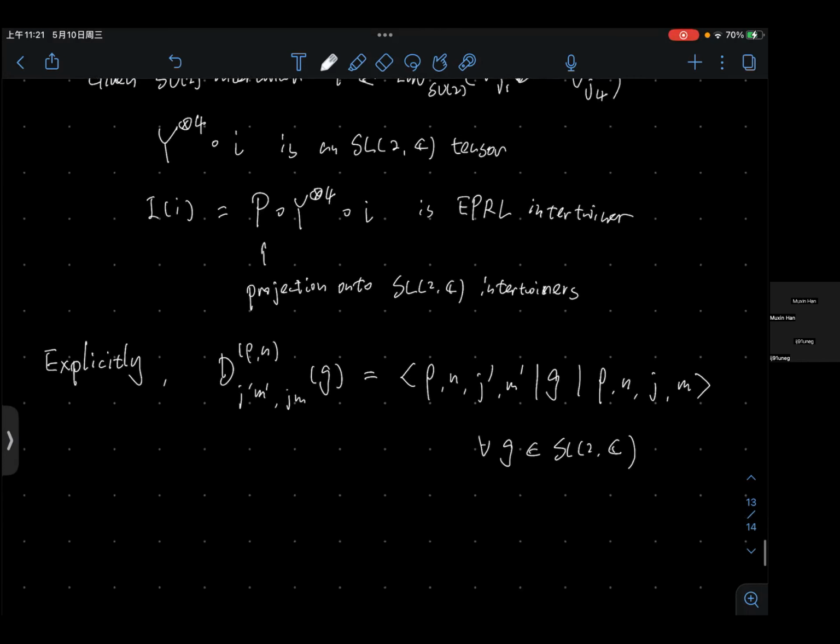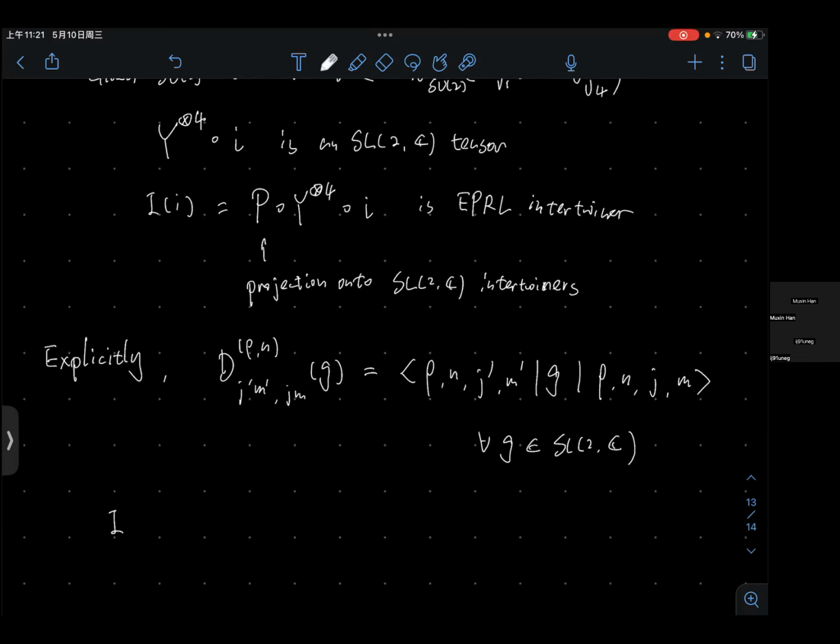Now I can write explicitly this EPRL intertwiner as an SL2C integral. This integral is just a group averaging, which gives you the projection operator onto the SL2C intertwiner space.